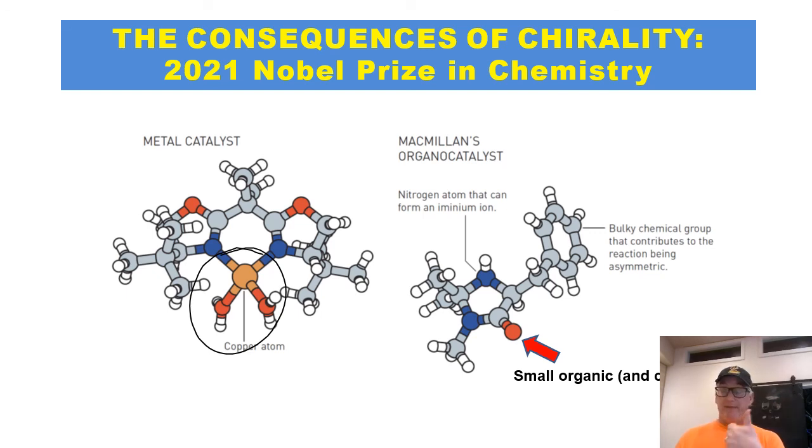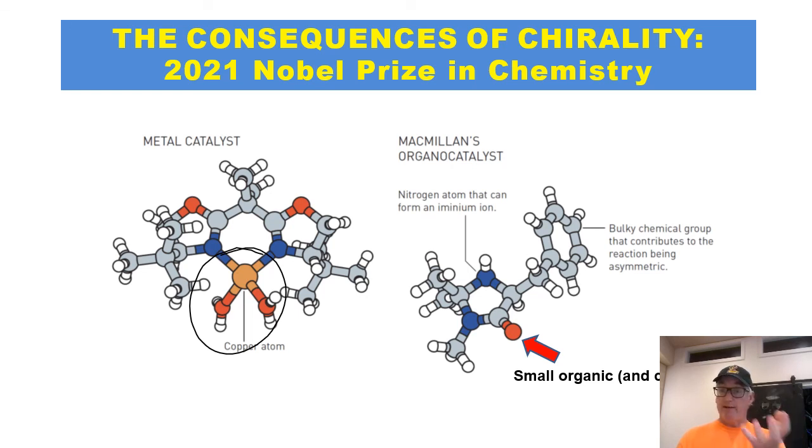Now, what these two chemists realized was that if you started with a small organic molecule, a really small organic molecule, like an amino acid, for instance, all the amino acids that go into our proteins are all a particular stereoisomer. They're either R or they're S. You don't have both. And so they are already chiral.